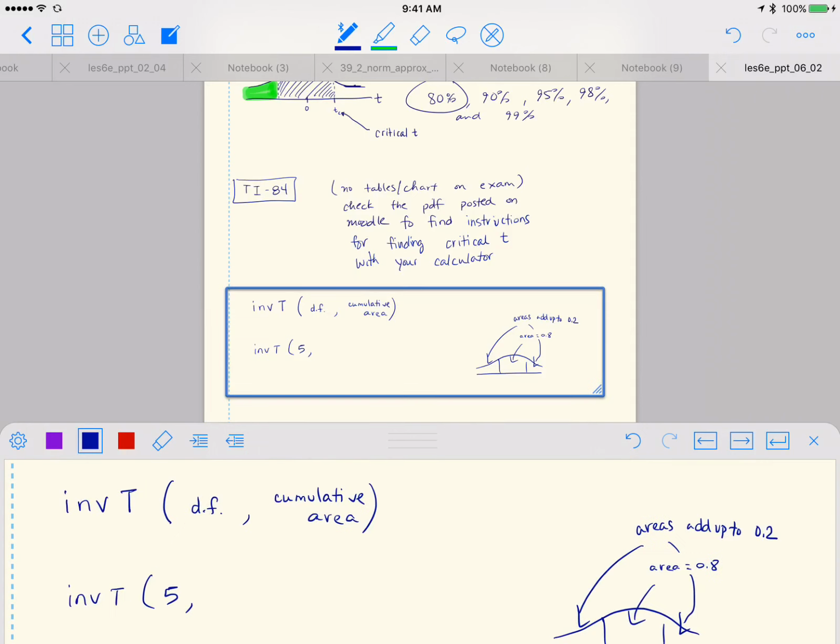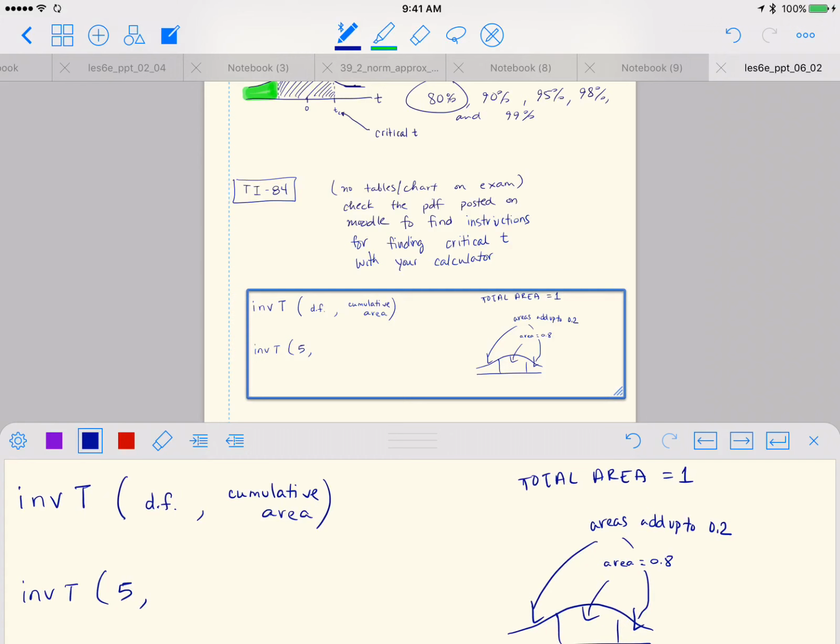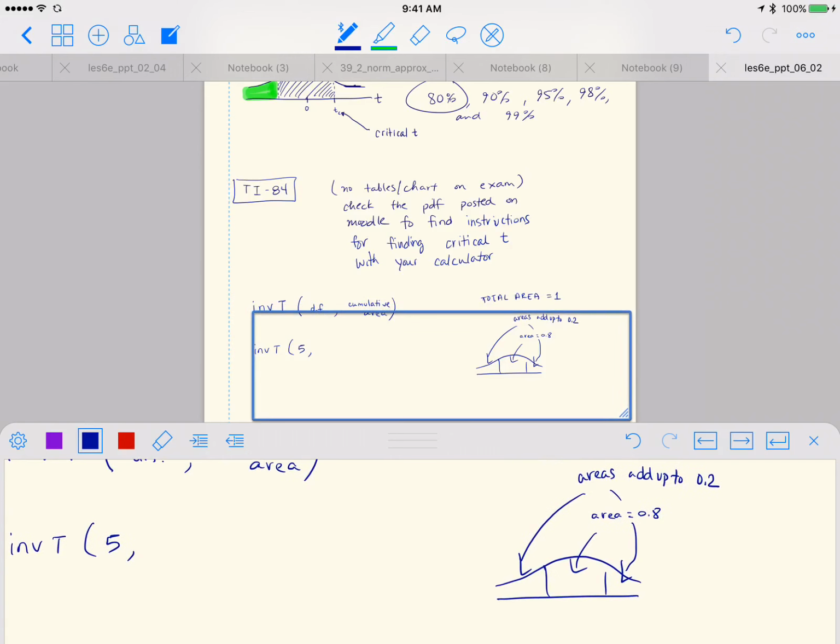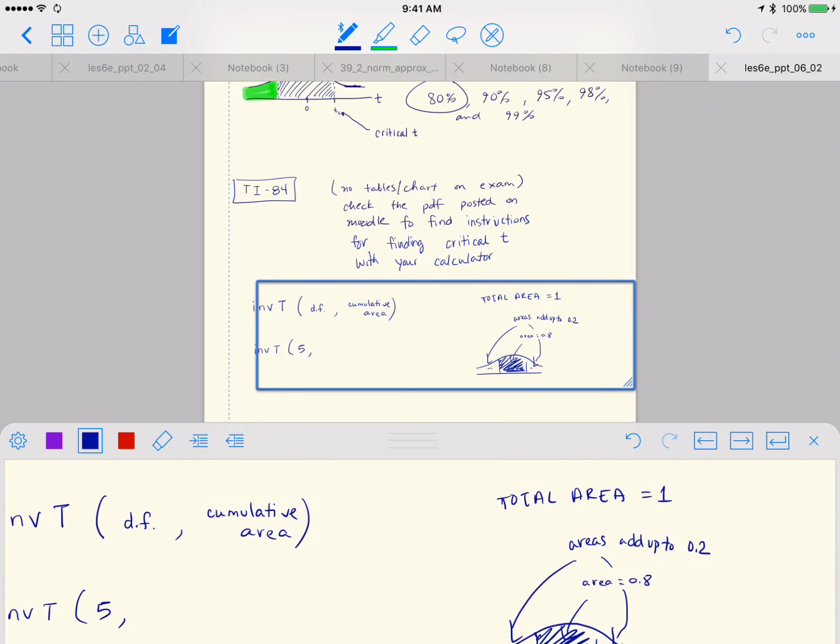Why? Because the total area needs to equal 1. So if the total area equals 1, and I've got this little middle piece that's equal to 0.8, that means these other two pieces have to add up to 0.2, because 1 minus 0.8 equals 0.2.